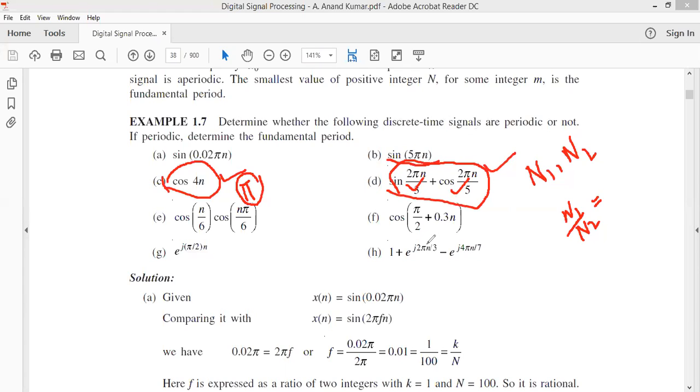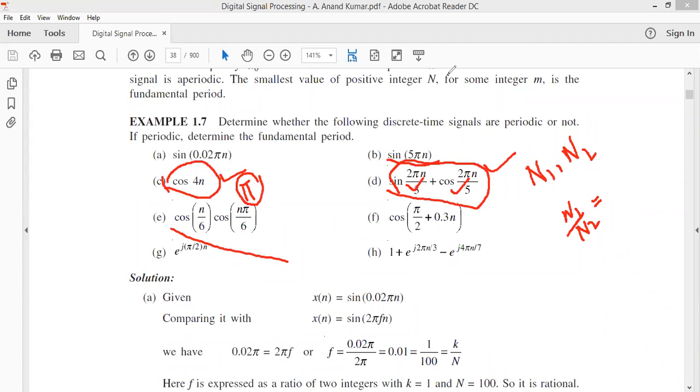Similarly you take this signal. For the first signal we don't have a pi term. For the second signal we have a pi term. Anyway, it is in the form cos A cos B. We have to write it in terms of cos(A plus B) and cos(A minus B).